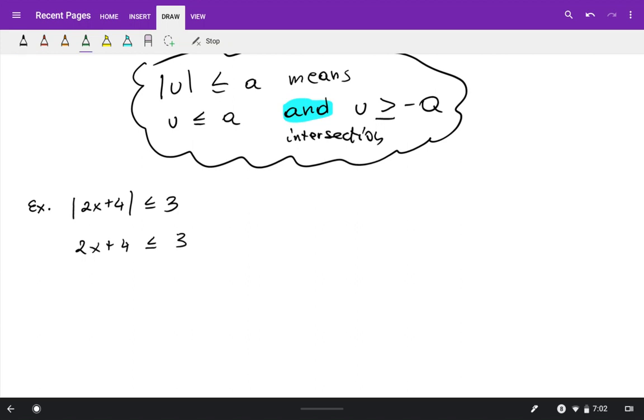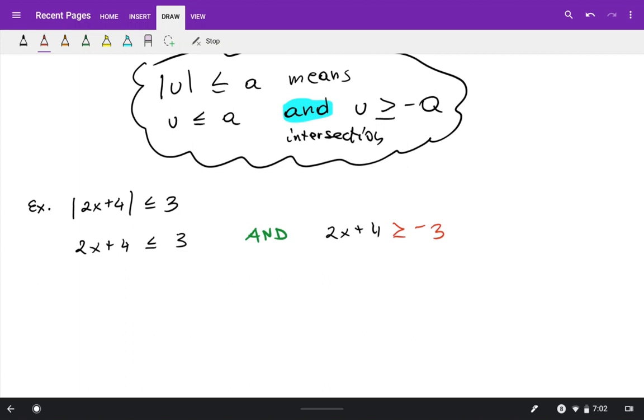And don't forget that less than matches with the word and. The second inequality will be 2x plus 4, and we're reversing the inequality symbol to greater than or equal, and we're switching the number which you see on the right side to the opposite, which will be negative 3.